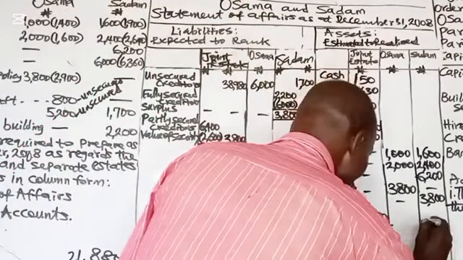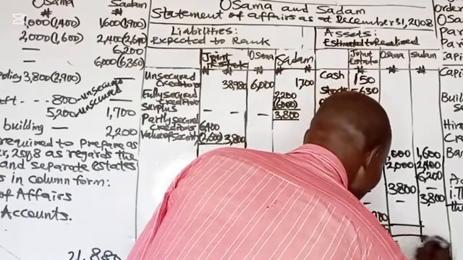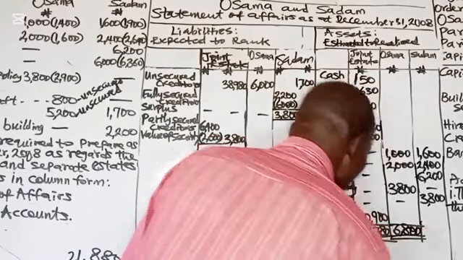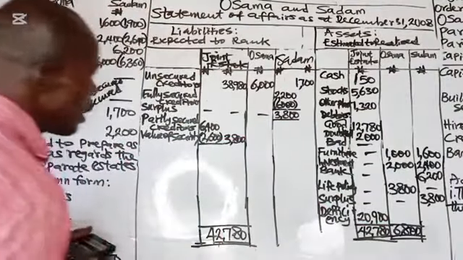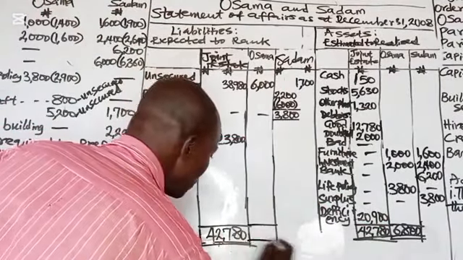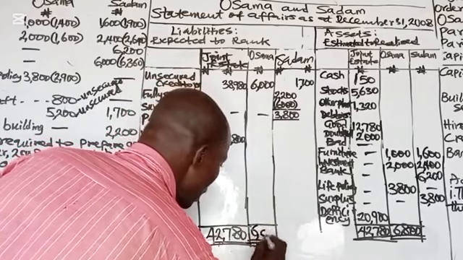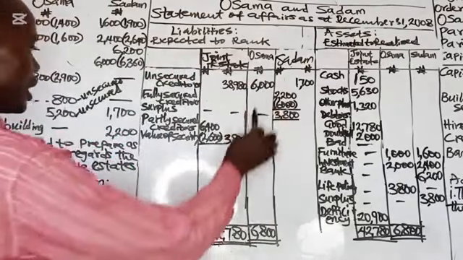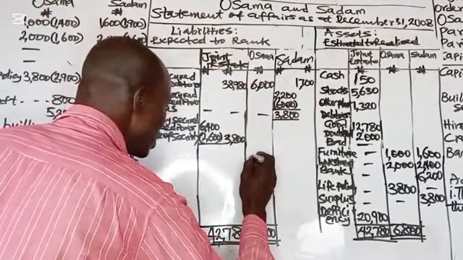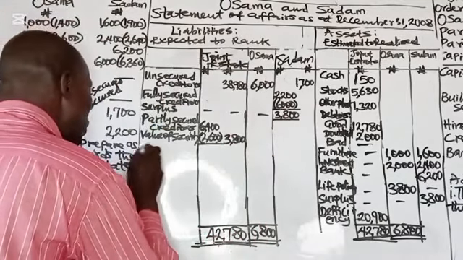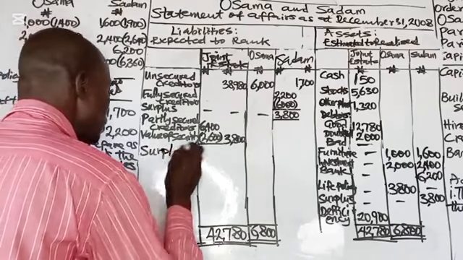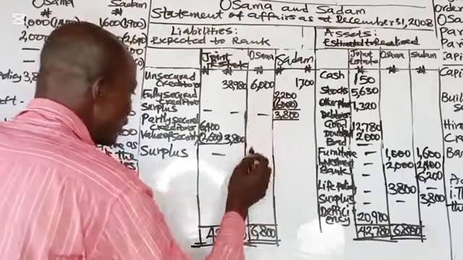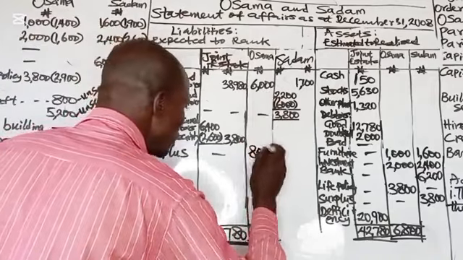The credit side is greater. 6,800 minus 6,000, that will be 800. So you have a surplus of 800.